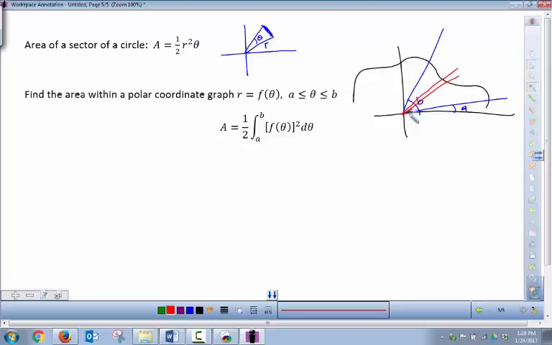If we cut this up into an infinite number of theta slices, we could start off with maybe 4 slices, 5 slices, 7 slices, or whatever. And if we focus on one particular slice, this might be how it would look.